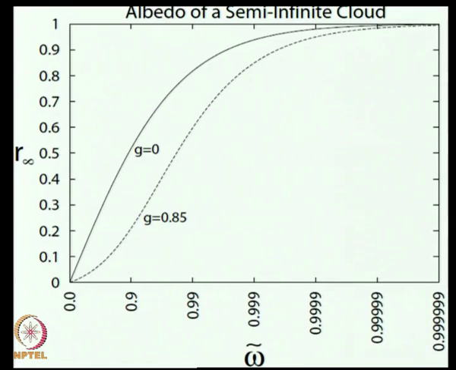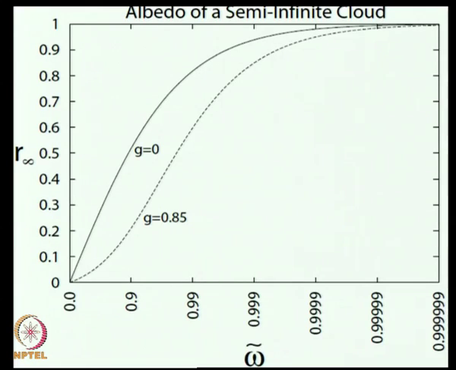So, it is quite clear that whether the scattering is symmetric or asymmetric is only crucial for those clouds of particles wherein the single scattering albedo is less than 0.9. Then you can see there is some difference. If you have a medium with a very high single scattering albedo, then you do not have to worry about the scattering being symmetric or asymmetric.